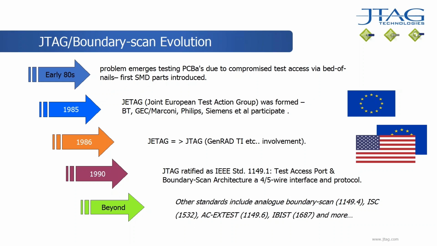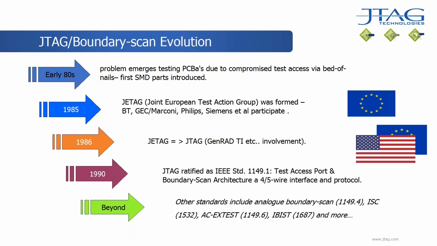So the JTAG name stuck with the standard name, and boundary scan and JTAG were used interchangeably as terms to describe this technology. Although since then the JTAG interface has been used for other purposes, and now you see JTAG being referred to as a debugger port, for example. But we'll come on to that a bit more later.